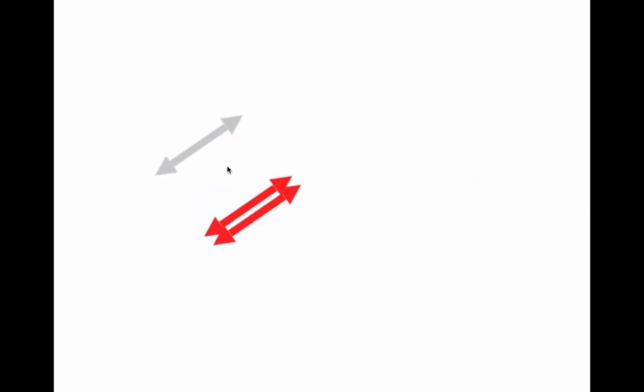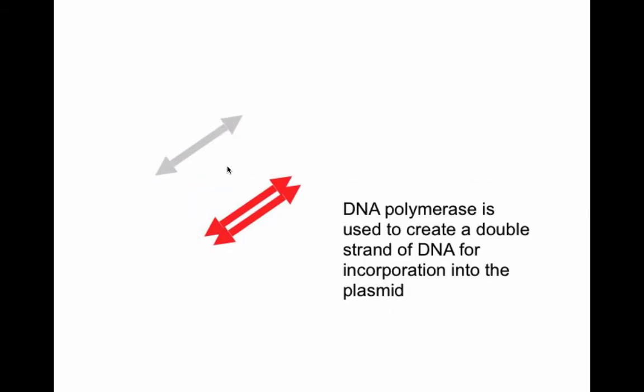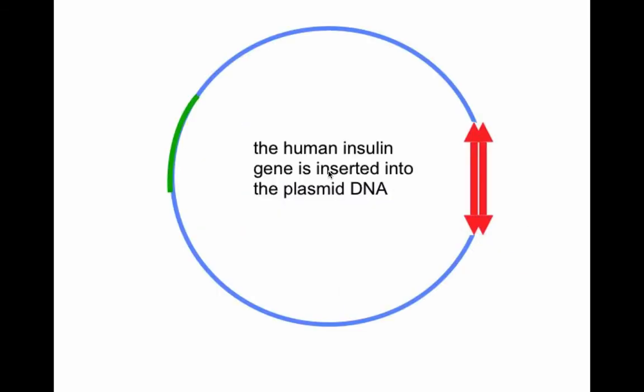Once you've got this piece of cDNA, then you can just use your standard DNA polymerase to turn that single-stranded piece of DNA into a double-stranded piece of DNA. So this is exactly what you want. You've got no introns within it, it's double-stranded, and it's DNA. Now, if you've cut it with the right restriction enzyme, the same one that you used for the plasmid, then you can insert it straight into the plasmid using a ligase enzyme.